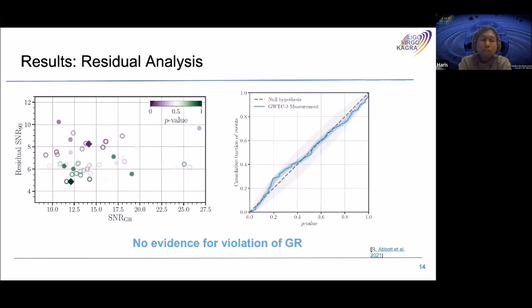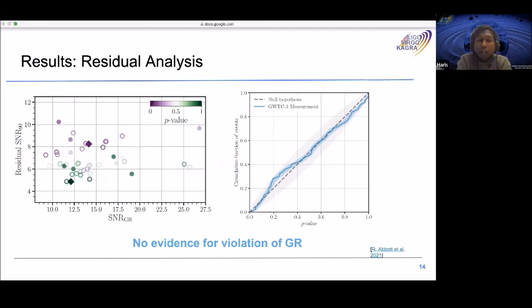So as you can see, there is no particular trend between these two SNRs, that indicates actually the residual SNR is coming completely from the random noise.